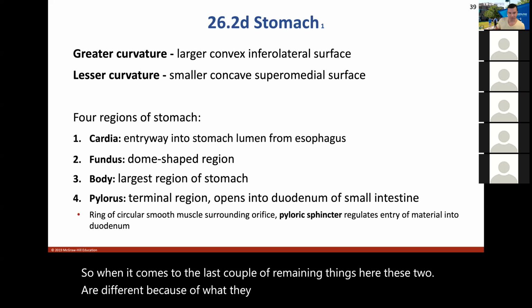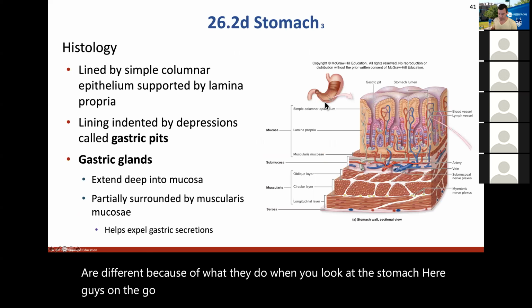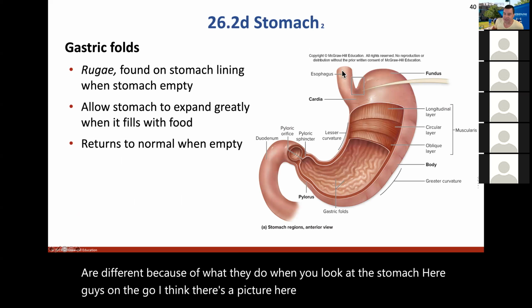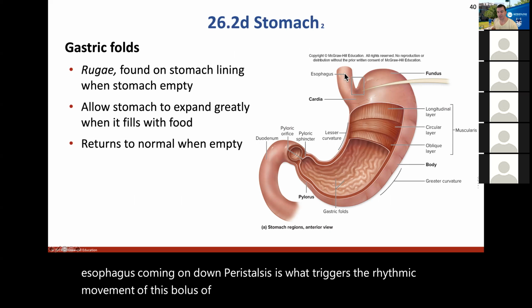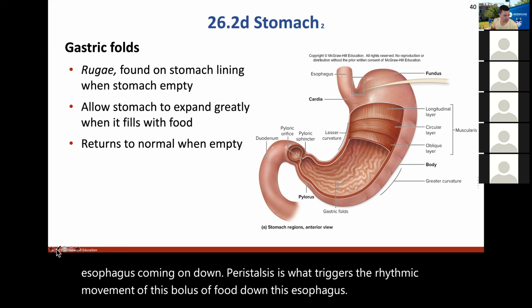When you look at the stomach here, guys, I think there's a picture here, maybe. There. We have the esophagus coming on down. Peristalsis is what triggers the rhythmic movement of this bolus of food down this esophagus, past this cardiac sphincter. Where's my little pen?